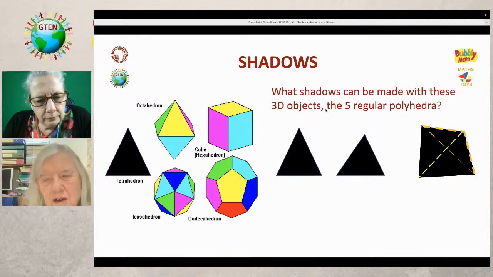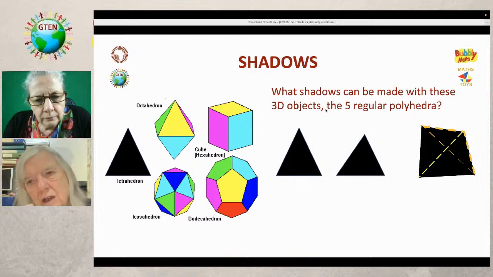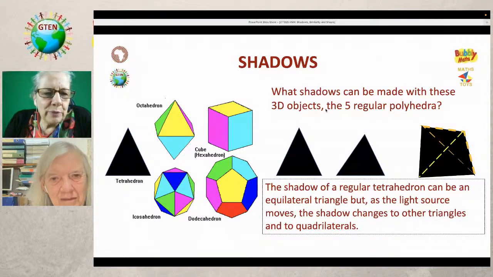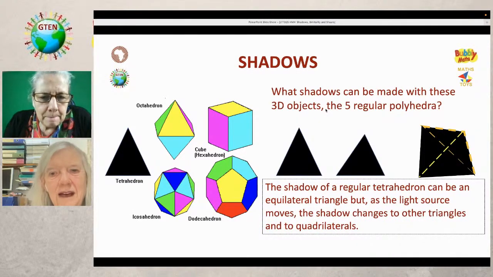You can see one face outlined in orange, and the other triangles, 4 triangles in all. The orange and yellow lines are just to help you see it. It's the shadow of a tetrahedron, a triangular base pyramid.